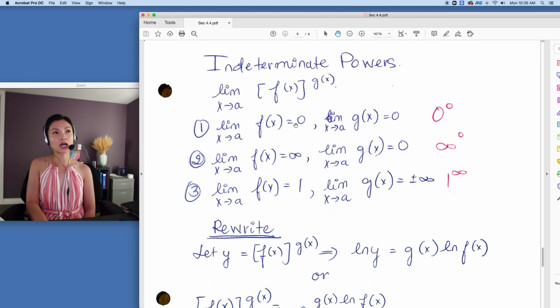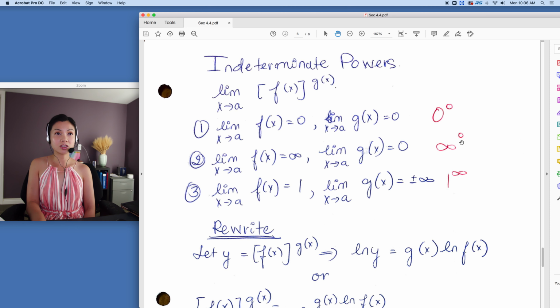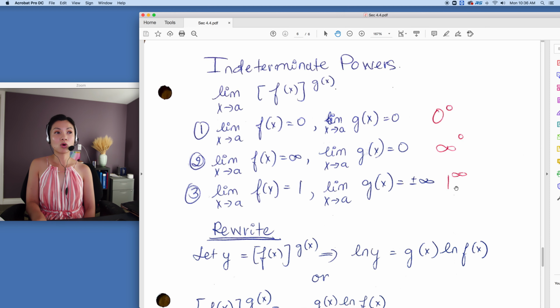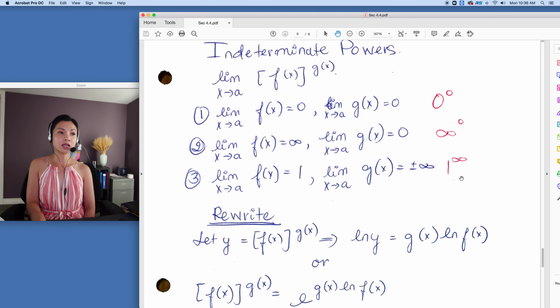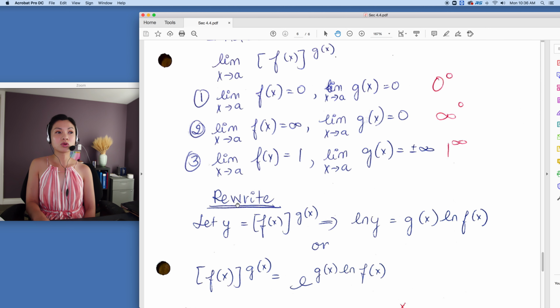So we have a couple of things. We have the indeterminate powers. So you have 0 to the 0 power, infinity to the 0 power, or 1 to the infinity. Okay, so make sure you rewrite. You see right here y equals f of x to the g of x power.